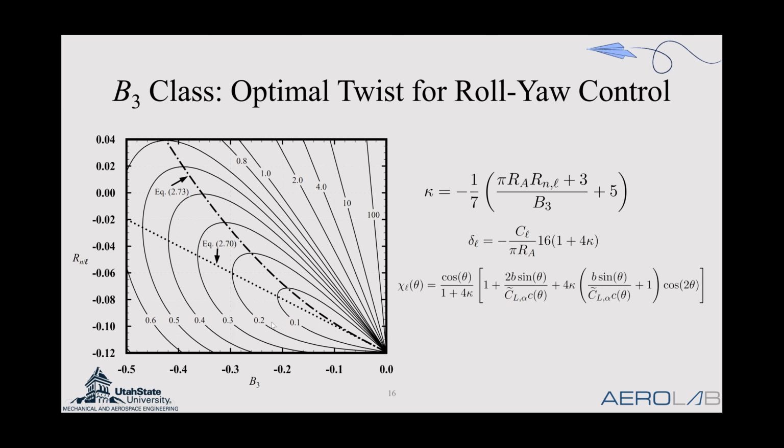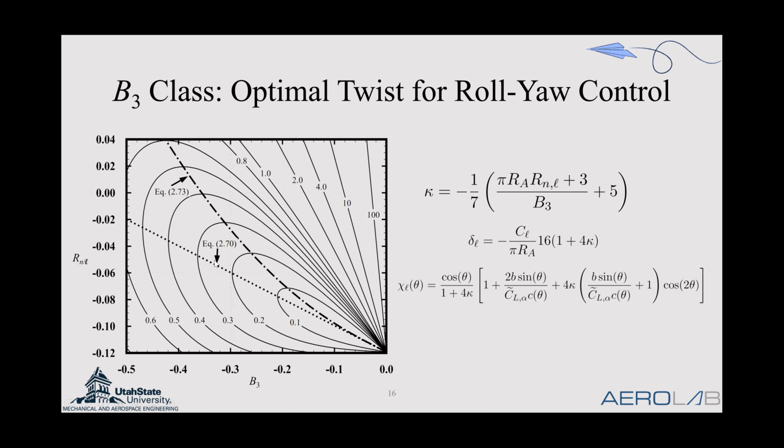And so you can see for a B3 lift distribution of minus 0.3 and for about neutral, or if we have neutral roll-yaw coupling at a B3 of 0.36, 0.37, we're going to have about 40% increase in induced drag, as we otherwise would during that rolling maneuver if we did not consider yaw.